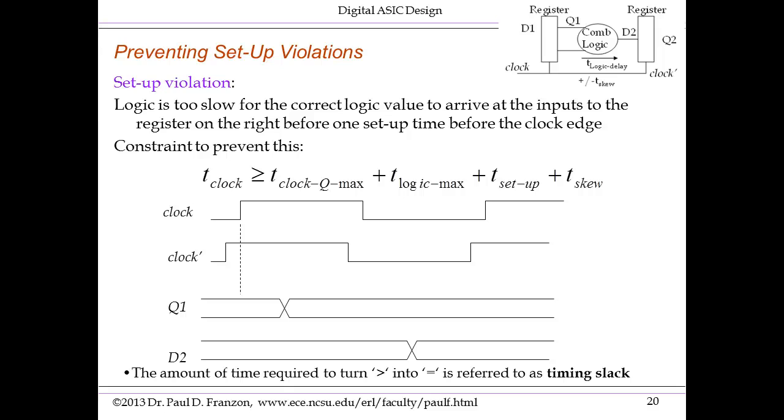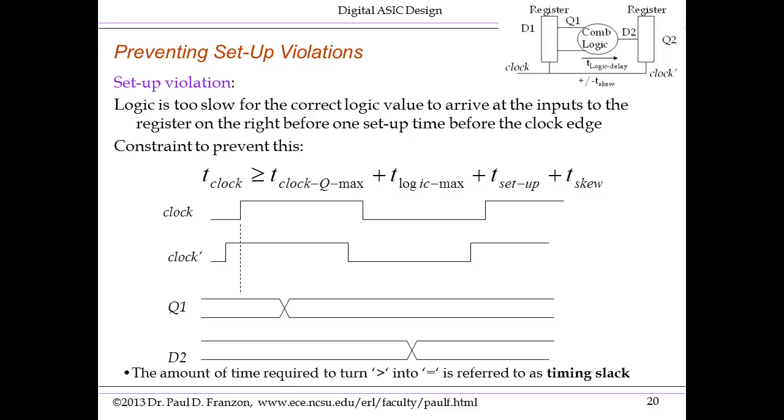And this is shorter than in the opposite case if clock dash was arriving later. So let's look at the equation on this page here, and this equation specifies the safe condition for the relationships between the period of the clock, T clock, and the delay parameters that we'll be interested in.